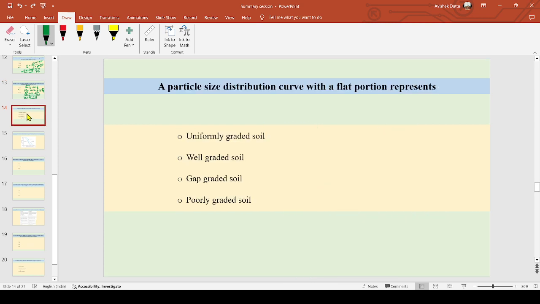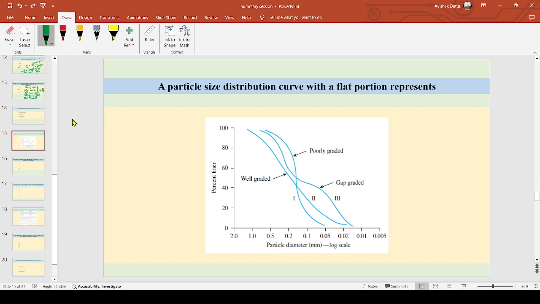A particle size distribution curve with a flat portion represents? Can you tell the answer? Gap graded soil. I have shown it here. This is gap graded soil, right? Because in this particle diameter range, from this particle to almost this particle, there is almost no percentage finer.